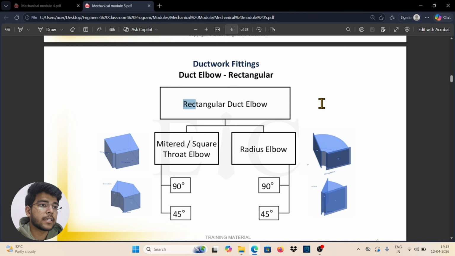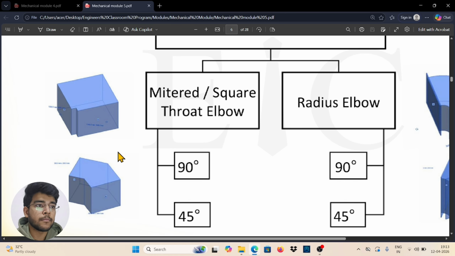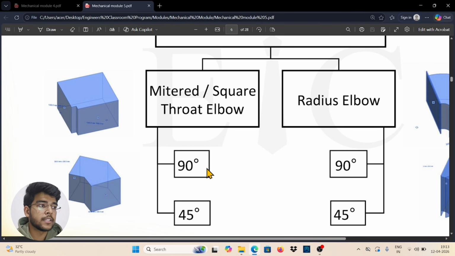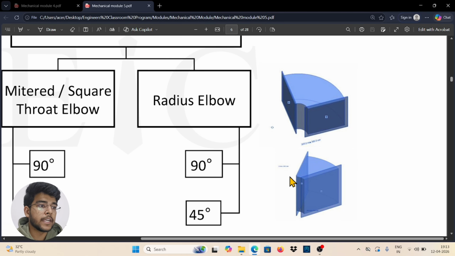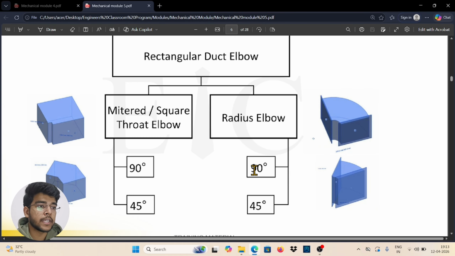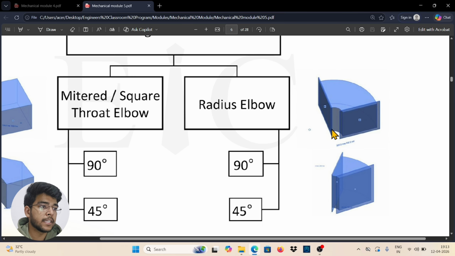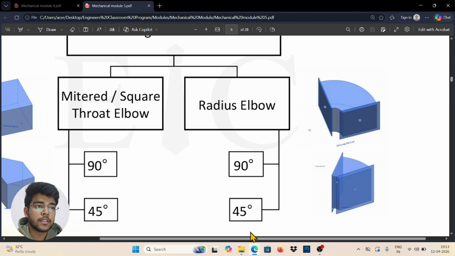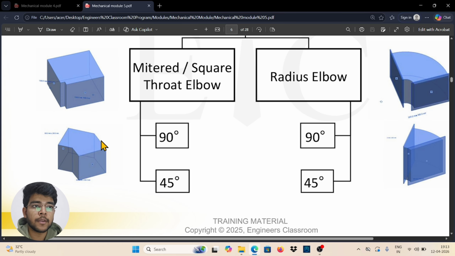Here is the rectangular duct elbow, mitered and radius. This shape is called a mitered throat elbow, and this shape is called a radius elbow. It is 90 degrees in the mitered one, and 45 degrees and 45 degrees in the radius one. Radius is curved in nature, and mitered is sharp in nature.